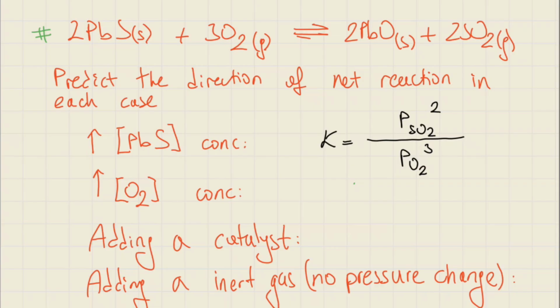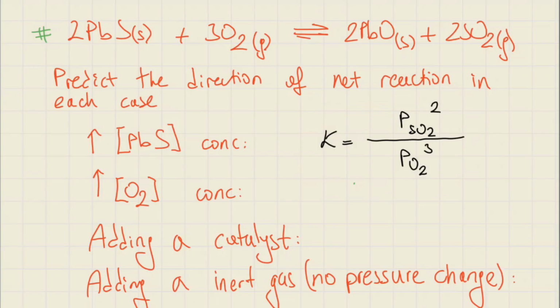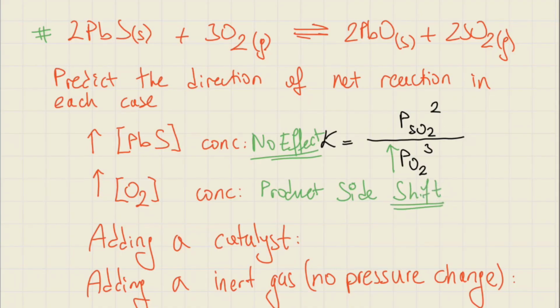If we increase the PbS, as you see, there is no PbS in the equilibrium expression, so there is no effect. But if we increase the oxygen partial pressure, then the reaction shifts to the product side.